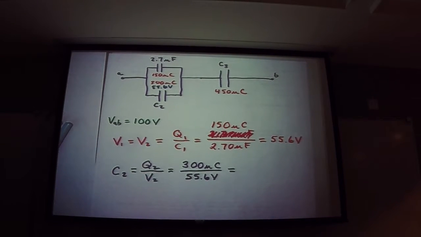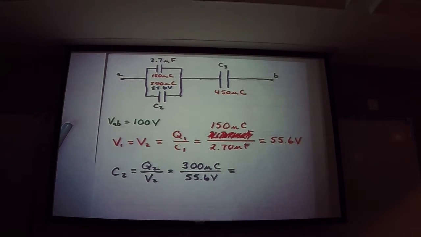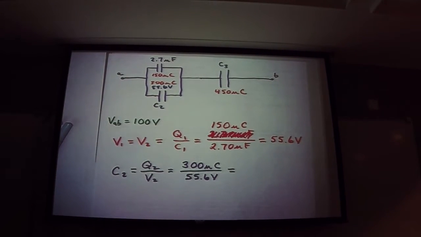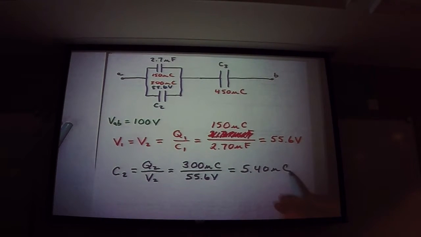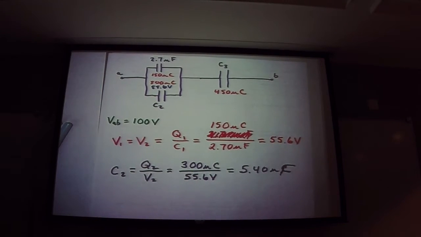And so what would C2 be? 5.4. Okay. 5.4 microfarads.